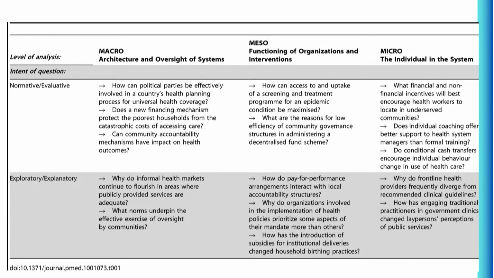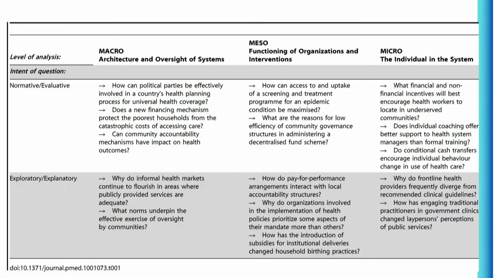Does a new financing mechanism protect the poorest households from catastrophic costs of accessing care? Again, the normative aspect here is that a financial scheme should protect. That's normative. In other words, normative means this is what it is intended to do in the optimal situation.